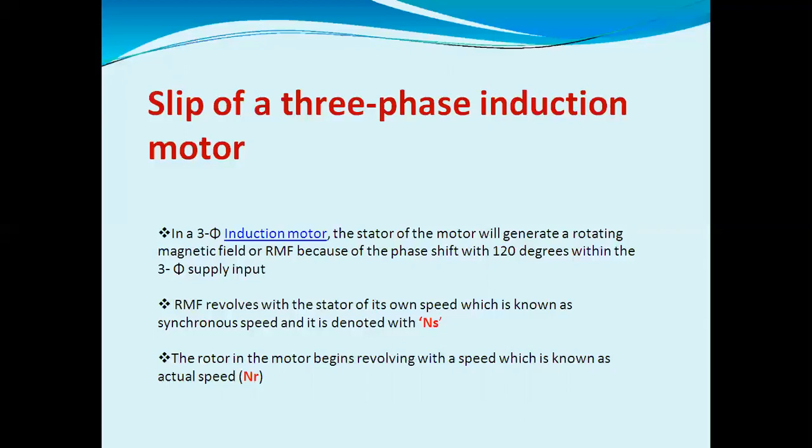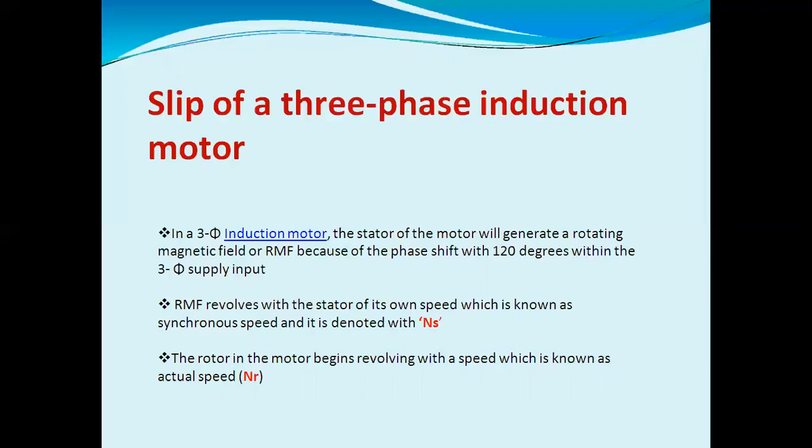So in a three-phase induction motor, the stator of the motor will generate a rotating magnetic field or RMF, because of the phase shift of 120 degrees in the three-phase supply input that we have already known.